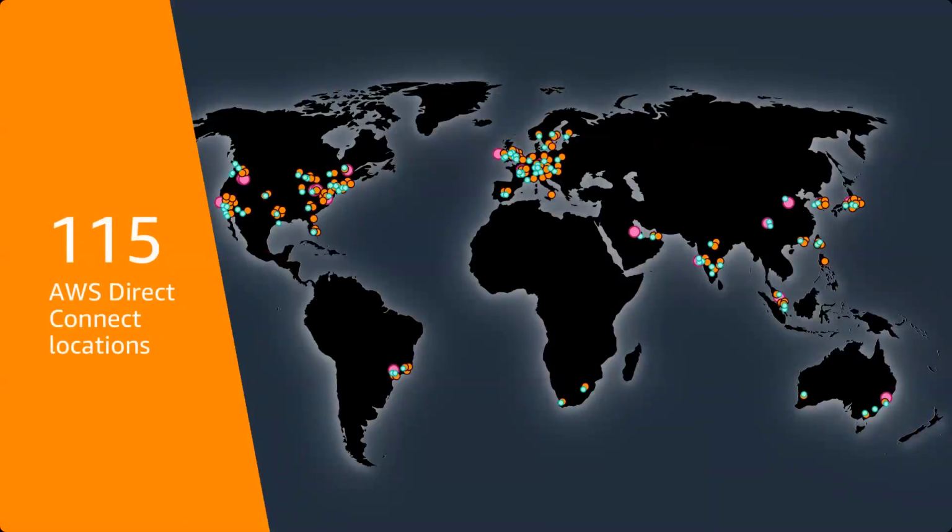Okay, so now we get to the next part, which is about the AWS Direct Connect locations. Connecting to the AWS global network and within your network is simple. You can connect your existing data centers or offices to the AWS network by using AWS Direct Connect.